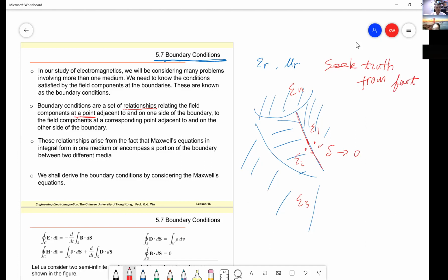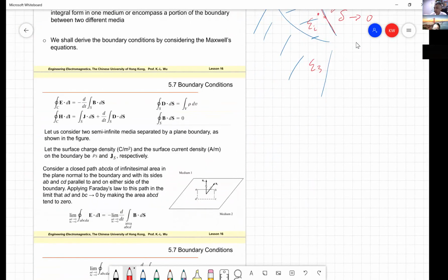The fact is the Maxwell equations. So we try to use Maxwell equations to find these answers.